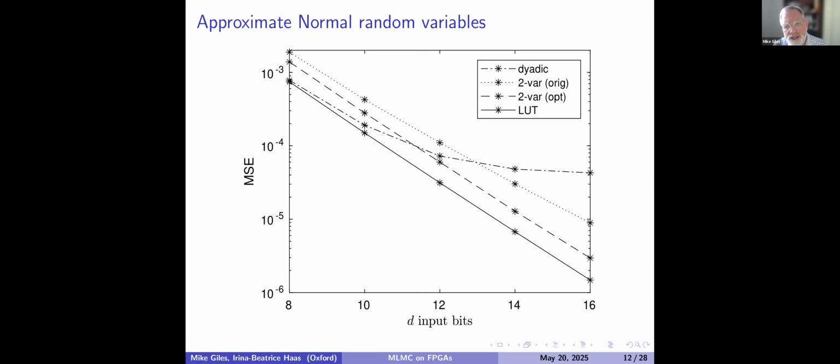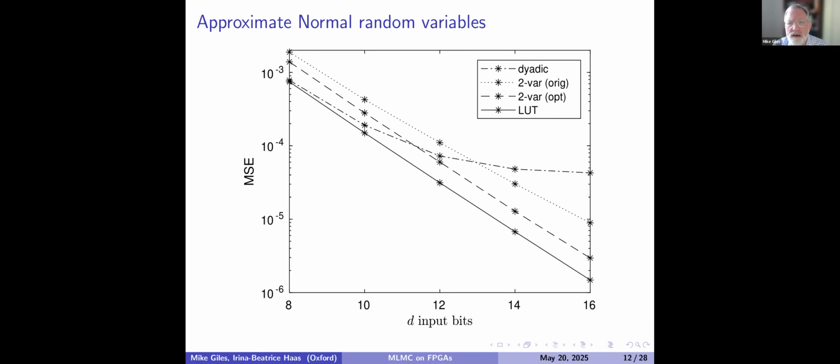The dotted and the dashed lines correspond to the two variable method. The original one is when you pre-calculate the lookup table values based on the average value of the inverse mapping. And then the optimized version is when you then work to optimize those values to get the minimum discrepancy with the true values after you go through this two variable process.